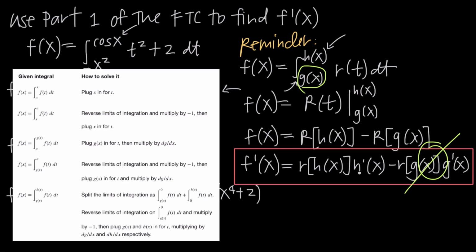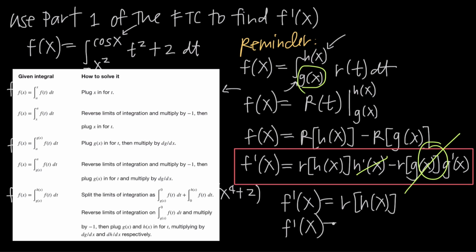multiplying by 1 doesn't have any effect, so this formula reduces to f prime of x is equal to r of h of x, and if we said h of x was equal to x, because the upper limit of integration is x, then we can say that the derivative f prime of x is equal to r of x, since h of x is equal to x.